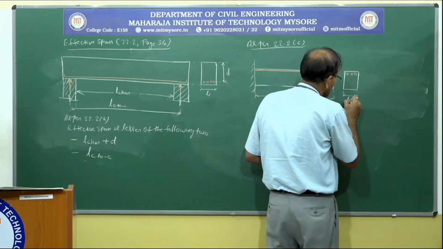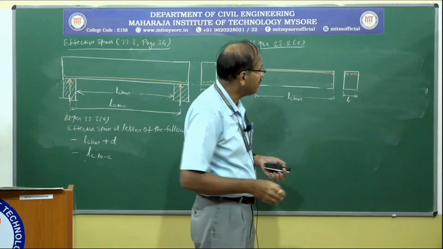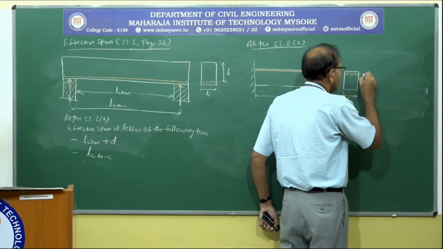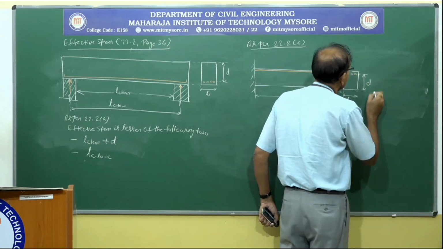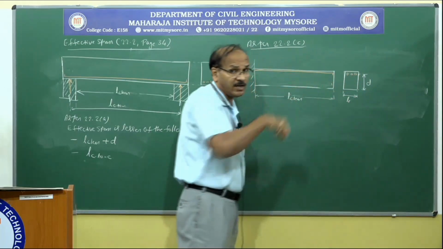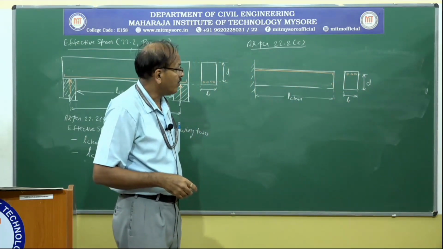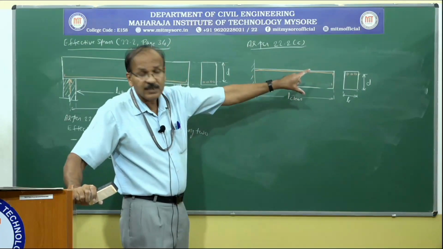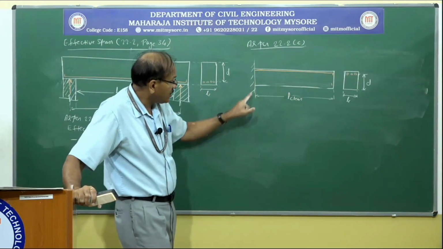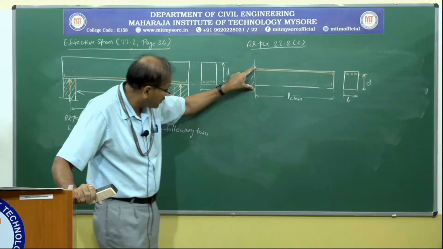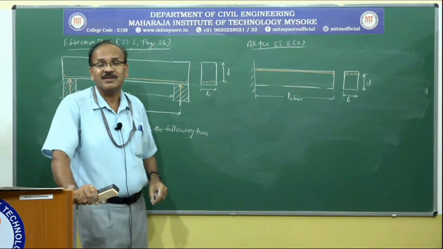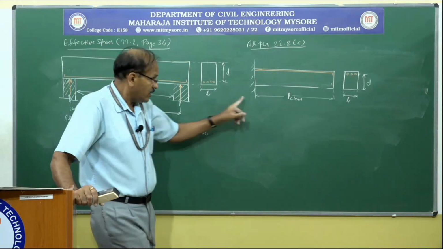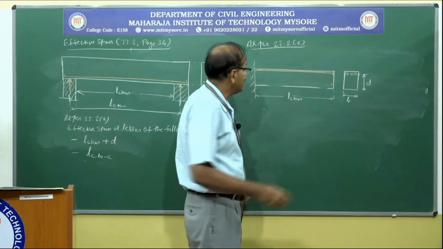This is B, the width of the cantilever beam, and D is the effective depth measured from the extreme compression edge to the centroid of the tension reinforcement. When constructing a cantilever beam, we are not going to start the cantilever from here. No, we are going to extend it for stability. Otherwise, the cantilever is going to fail. It is very dangerous. So in this case, what is the effective length?